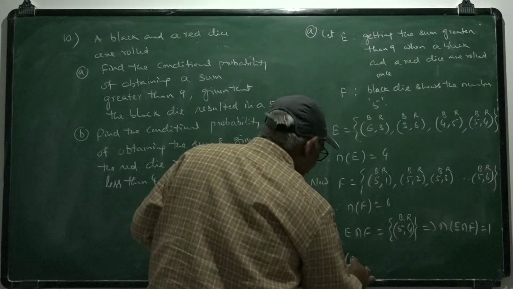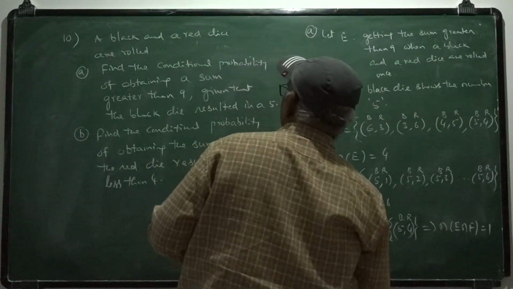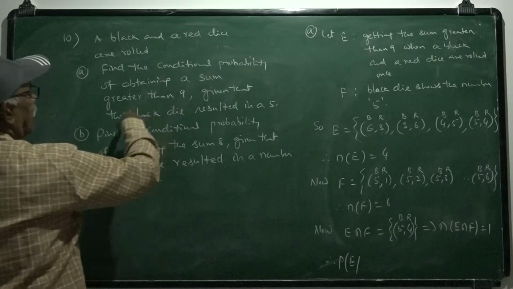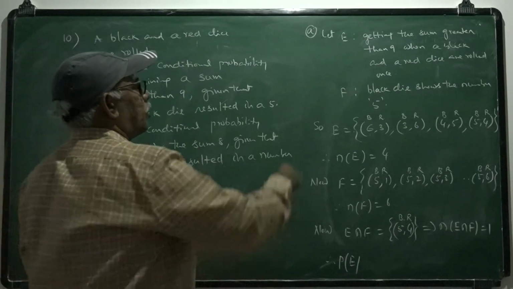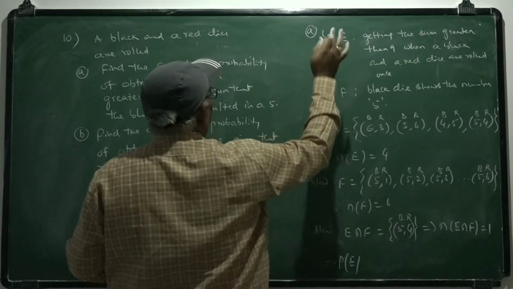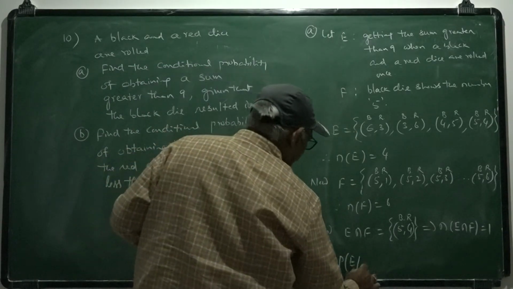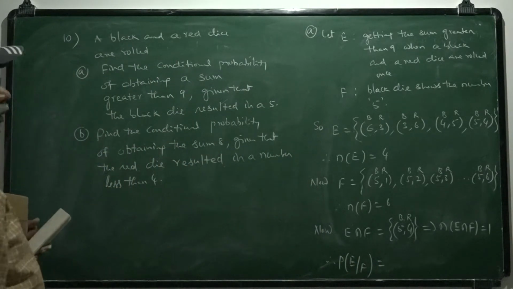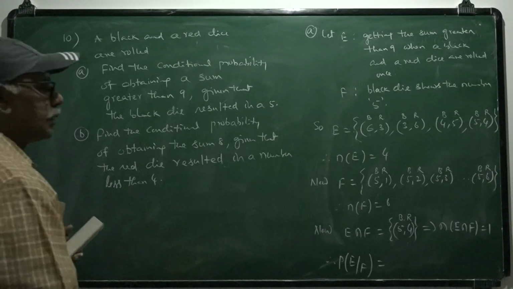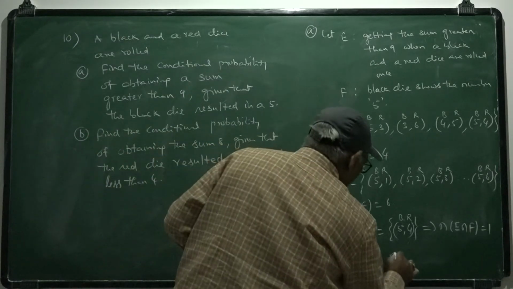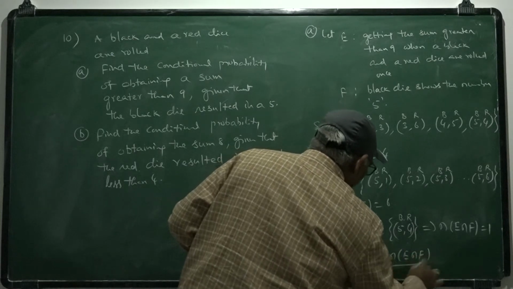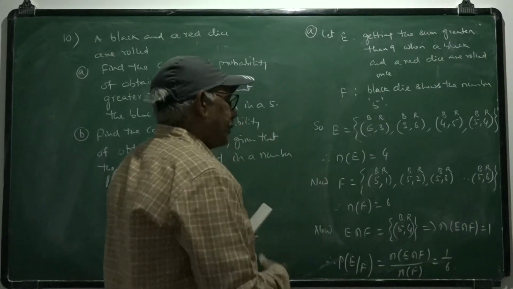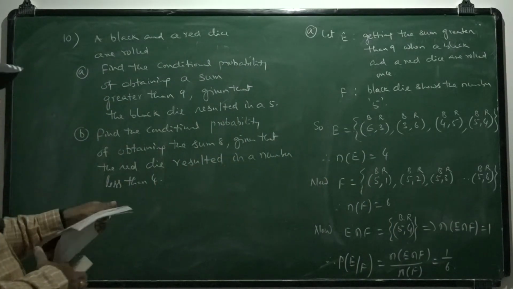Hence the conditional probability of E on the occurrence of F is n of E intersection F by n of F, that is 1 by 6. The required probability is 1 by 6.